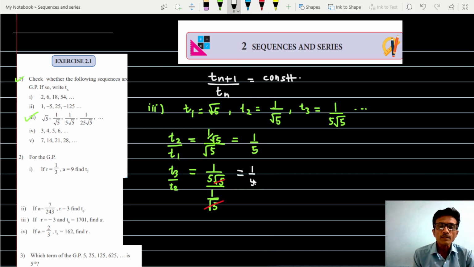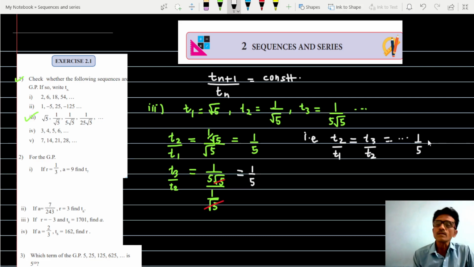1 by 5. It means T2 upon T1 equals T3 upon T2. Again, if you find T4 upon T3, you will get 1 upon 5. So T2 upon T1 is equal to T3 upon T2 is equal to, and so on, that is equal to 1 upon 5.